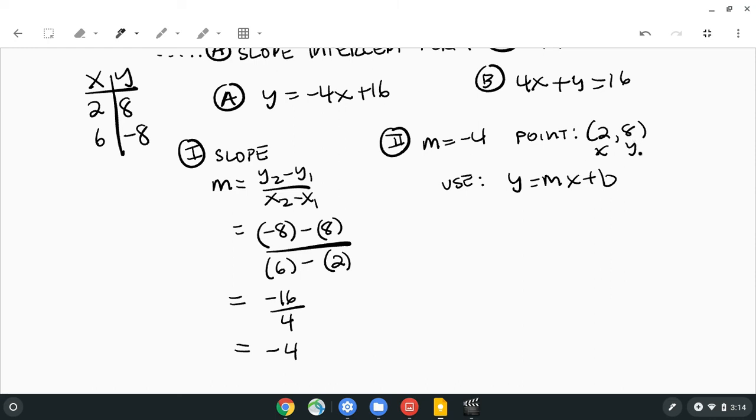And they are right here: y, m, and x. So 8 equals -4 times 2 plus b. We don't know b. So I get 8 equals -8 plus b. Solving for b, I'm going to add 8 to both sides, and I get b equals 16.